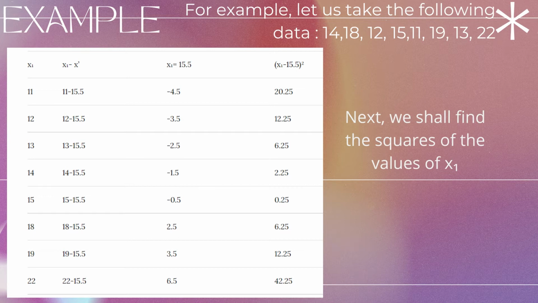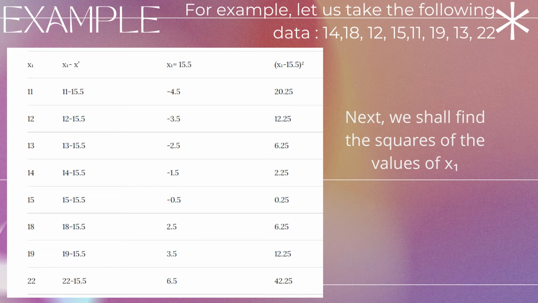We have to find the squares of our given values. So the square of negative 4.5 is equal to 20.25. The square of negative 3.5 is 12.25. The square of negative 2.5 is equal to 6.25.